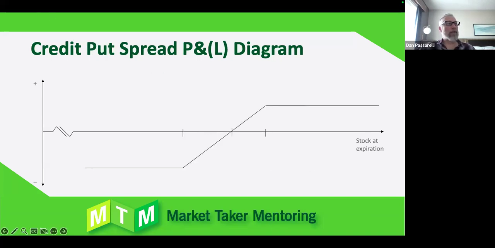Same thing with put credit spreads. Here, let's say I sell the 100 strike calls and I buy the 98 strike calls. No, puts, sorry. Sell the 100 strike puts, buy the 98 strike puts.